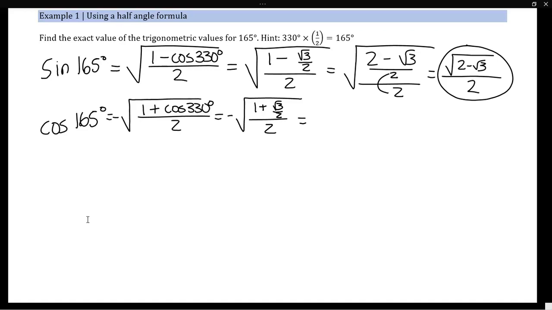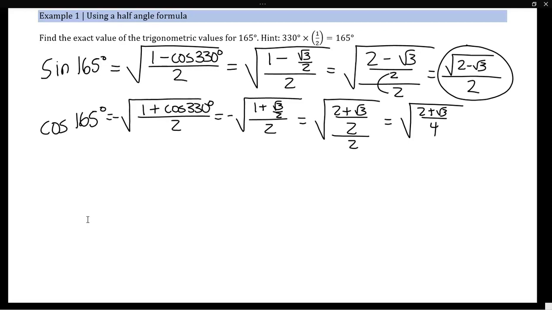In a similar step, we get a common denominator of 2, so we get the square root of 2 plus the square root of 3 divided by 2, divided by 2.